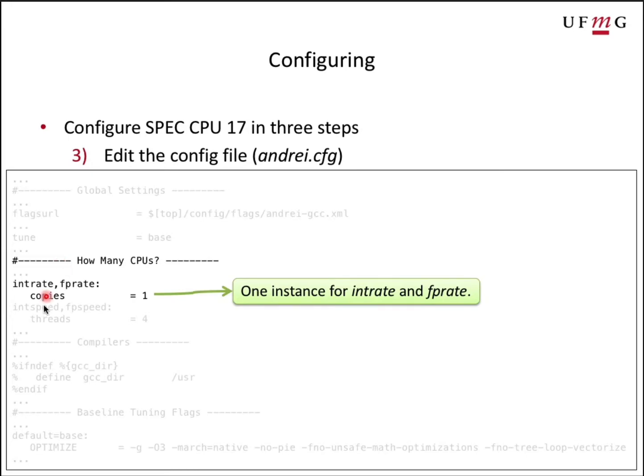So this configuration of copies is how many instances of this program we want to run. The default configuration is to run one copy, one program simultaneously, but you can change this to anything you want. In the documentation, the official reports can have this number as big as 25, something like that.